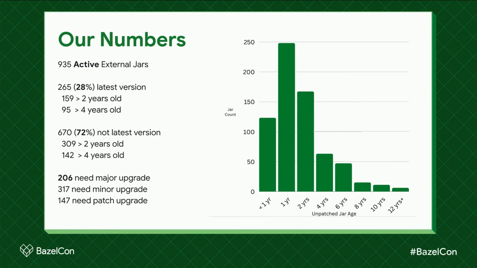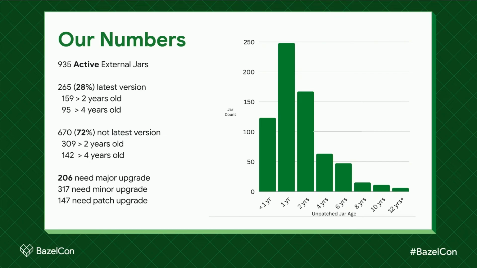When we first ran the tool, we expected to have some issues with old jars. But in fact, I don't know if it's a disaster, but it was really bad. So we had only 30% of our jars up to date on the latest version of the open source project.